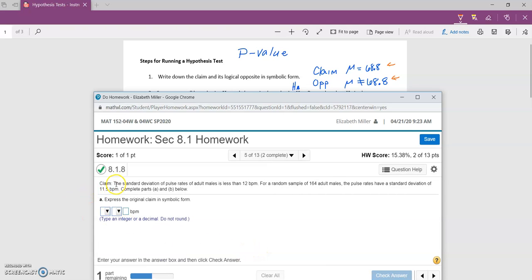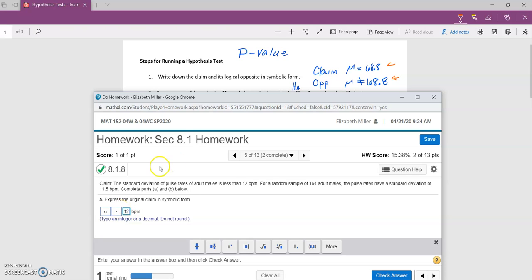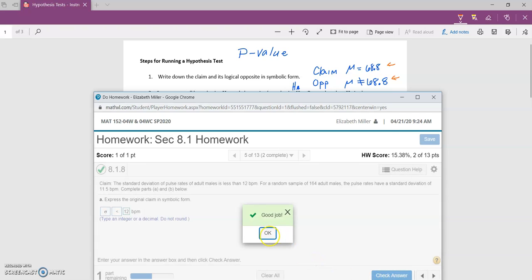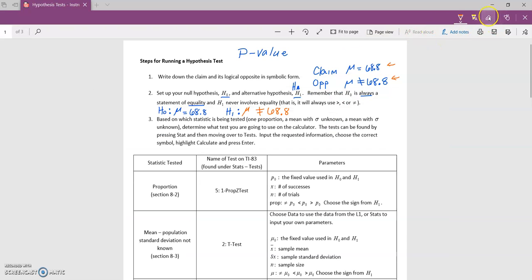Now, let's redo this one. This one is a claim about the standard deviation of the pulse rates, and the claim is that it's less than 12. So in this case, the standard deviation is less than 12. You're literally just writing what the claim says, but in symbols. So now let's think about over here.